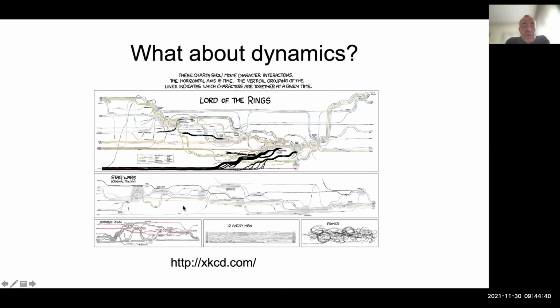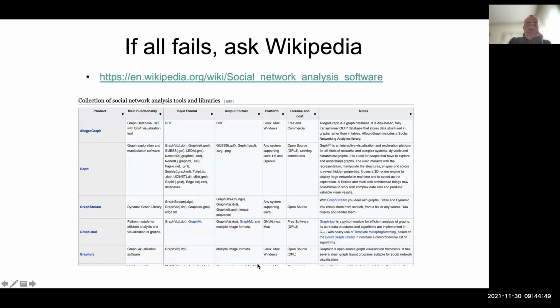And this is for Star Wars or Jurassic Park or whatever. You can use this website to get this piece of information. And if you're still looking for other pieces of information, you can ask Wikipedia, and you have a lot of definitions, links, whatever.